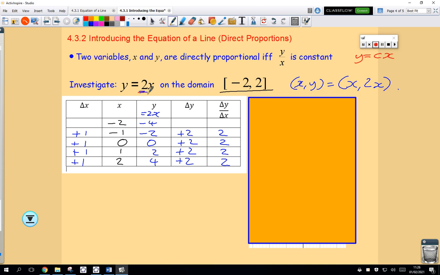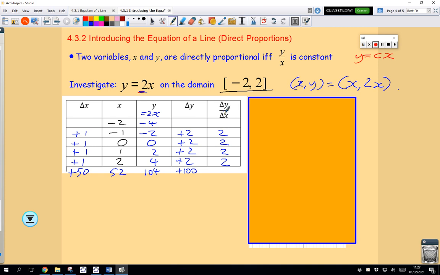And again, if I hadn't gone up in steps of 1, if I choose to go up in a step of, say, 50, just to make up a number, my next x value would be 50 bigger than 2, which would be 52. My next y value would be double that, which would be 104. That means my y's have increased by 100.